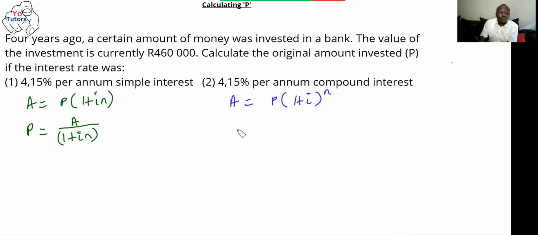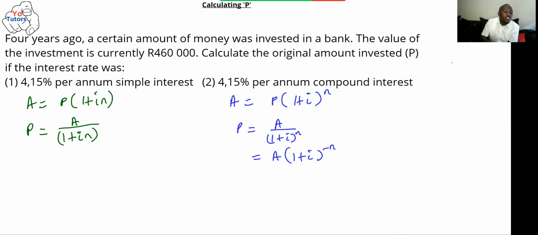On this one, P is going to be equal to A over (1 + i) to the power of n, which now comes as A(1 + i) to the power of negative n.